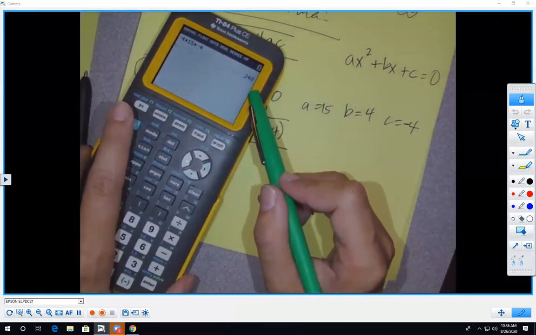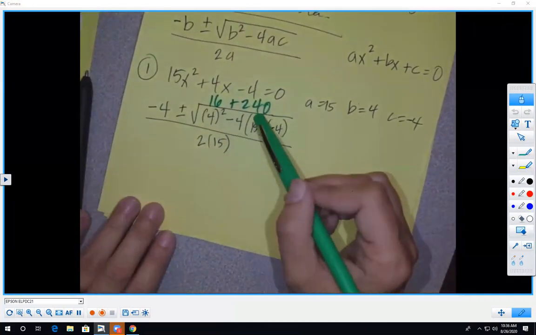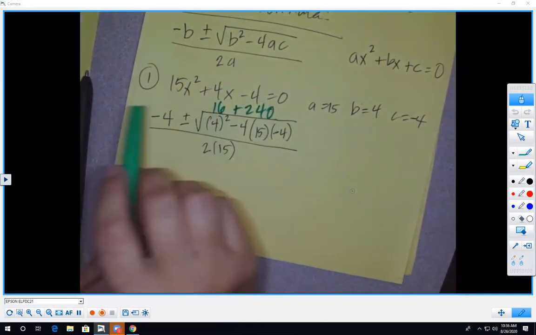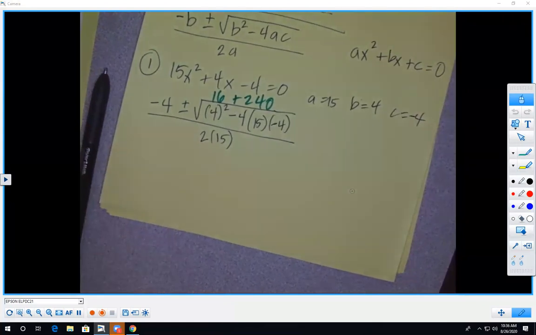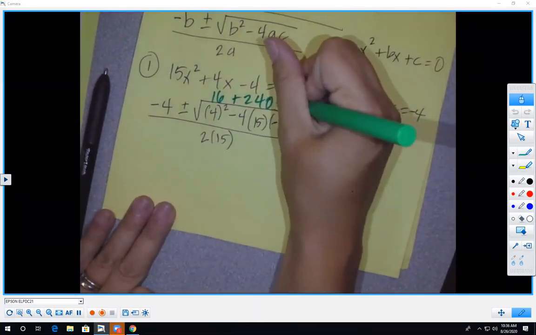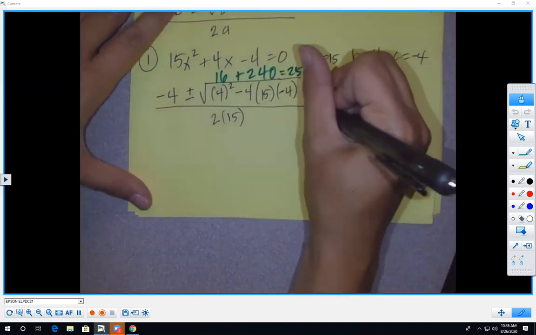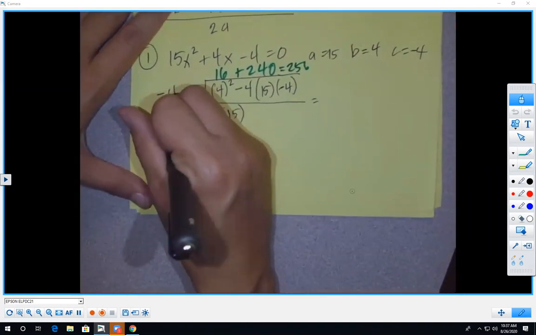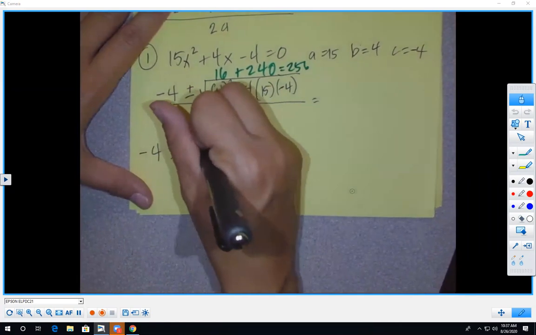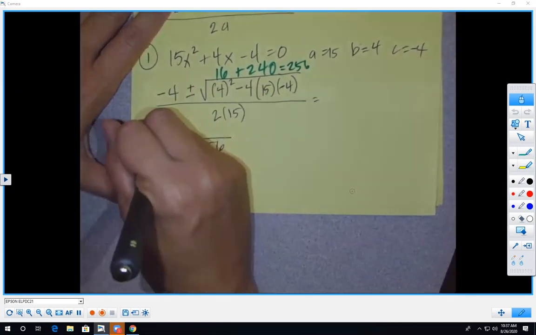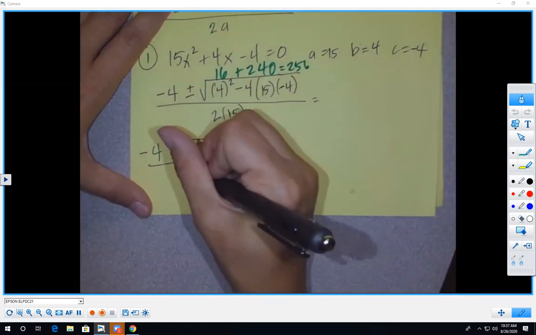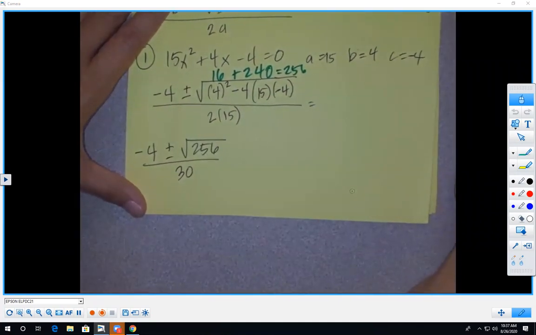Okay, that's the biggest mistake here, is that whole idea there. What is 16 plus 240? 256. So this simplifies into negative 4 plus or minus the square root of 256, all divided by 2 times 15 is 30.